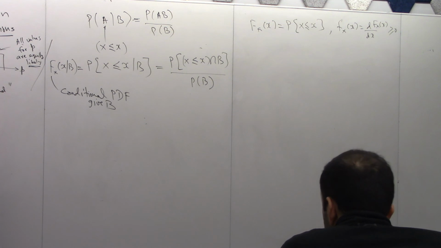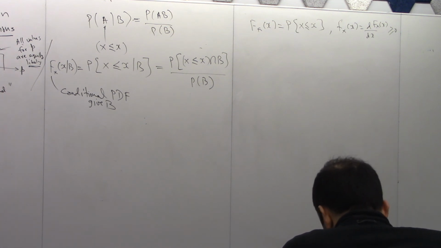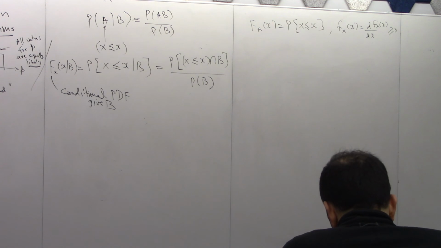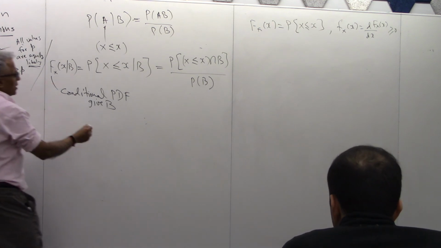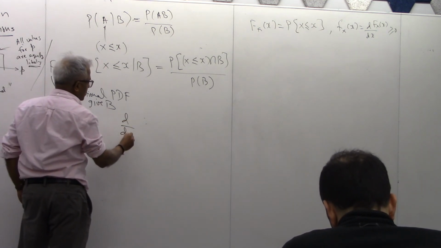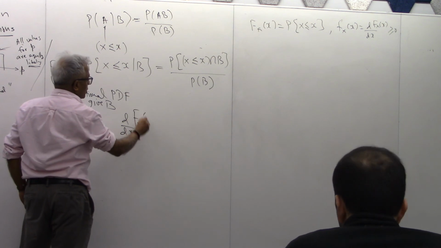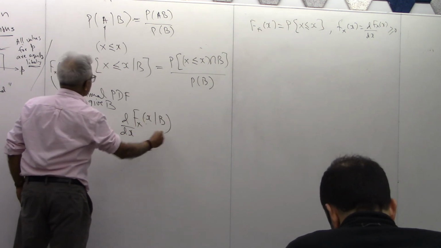B is some event. So I'll come to this problem. This is what we want to address. This is a practical problem, but let me develop a little bit of theory. If you have any distribution function, you take the derivative. That gives you the conditional density function.